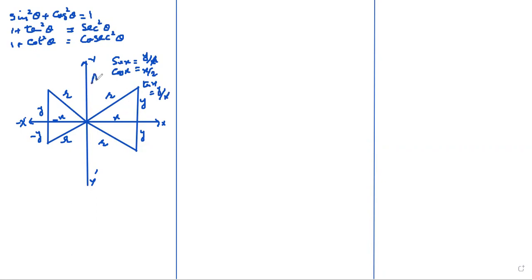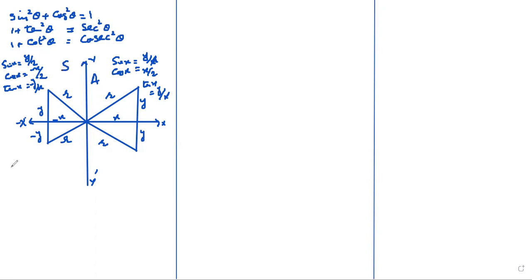So all positive, we write it A. Here you can see that sine is positive. Sine is y over r, with y positive, and r is positive everywhere. Cosine is minus x over r, and tangent is y over minus x, which is negative. So only sine is positive here: S.